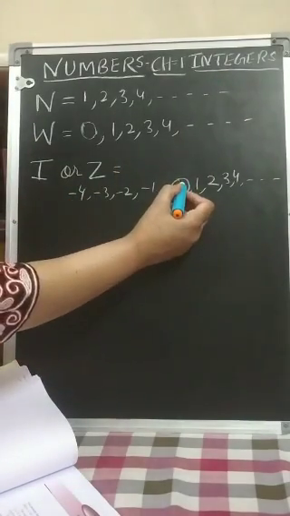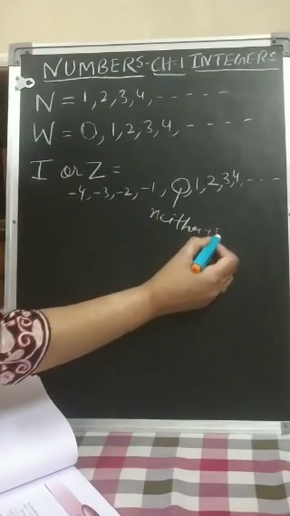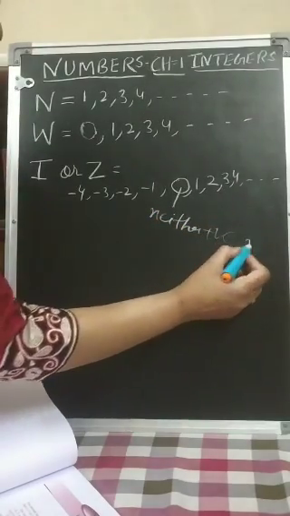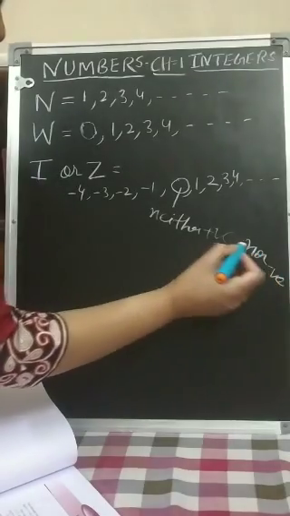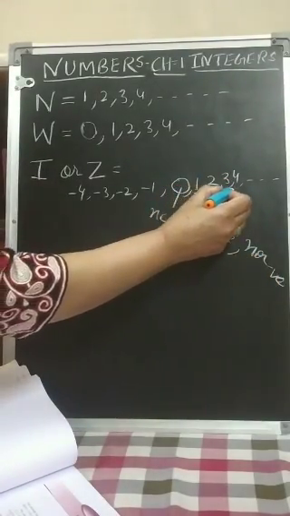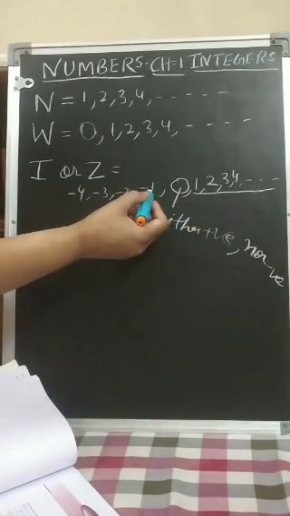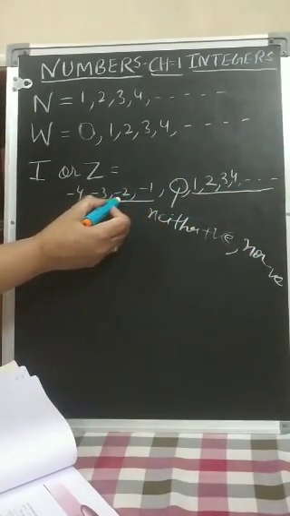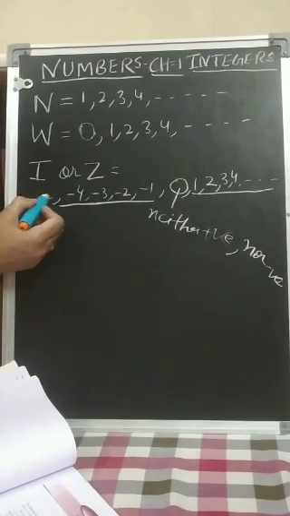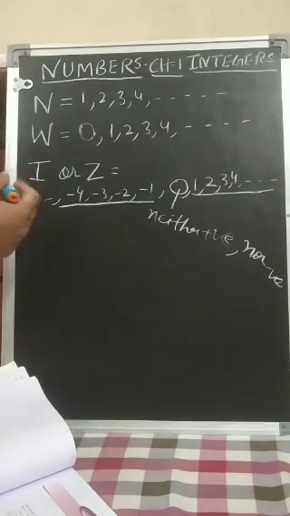In this, 0 is neither positive nor negative, and these 1, 2, 3, 4, these all are called positive integers, and these -1, -2, -3, these all are called negative integers. Now I will show you how we can show these integers on the number line.